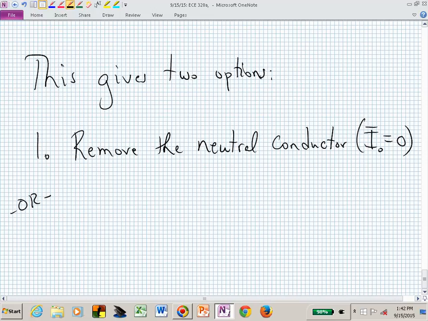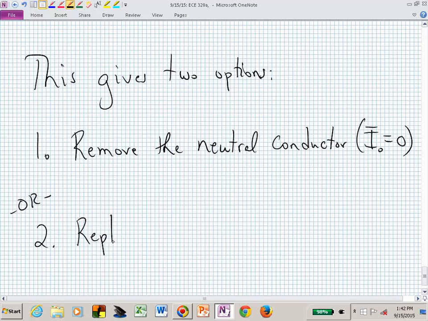If something becomes unbalanced, then we have somewhere for that current to flow. The other option, if there's no current through that, why do we need to worry about the impedance in that? Why don't we just replace it with a short circuit between little n and capital N? So that's our second option.